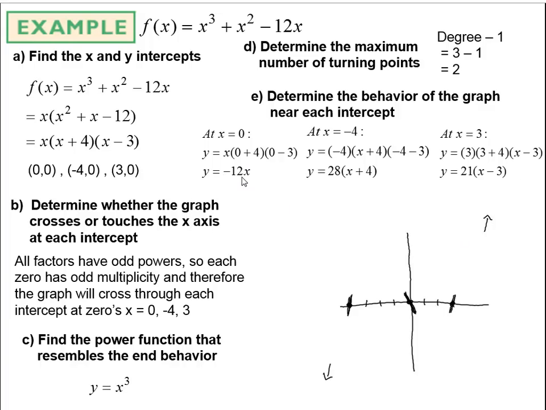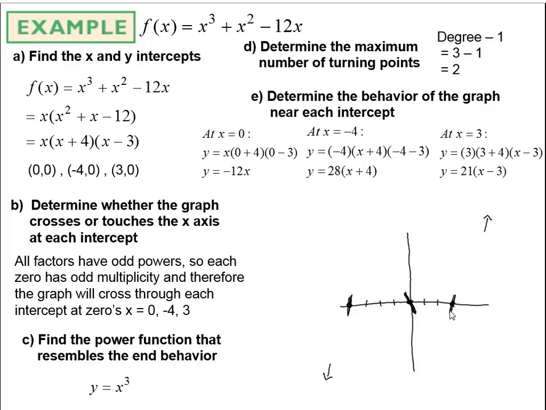So at x equals 0, here's the line with slope -12, a line with decreasing slope. At x equals -4, here's the line shifted to the left 4 units with a slope of 28 roughly. And then lastly, this one as well, kind of what that might look like.